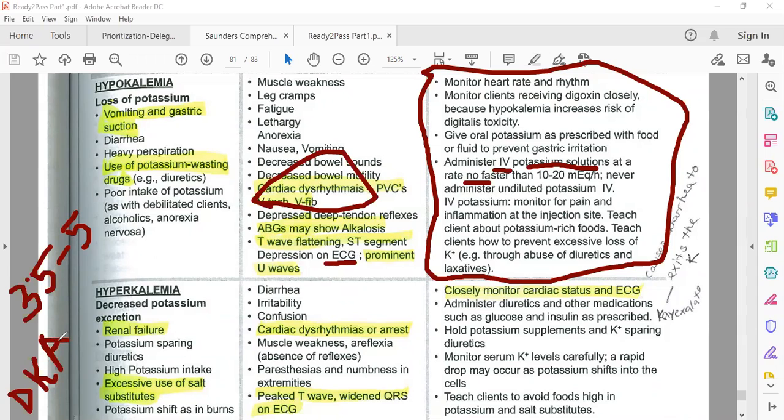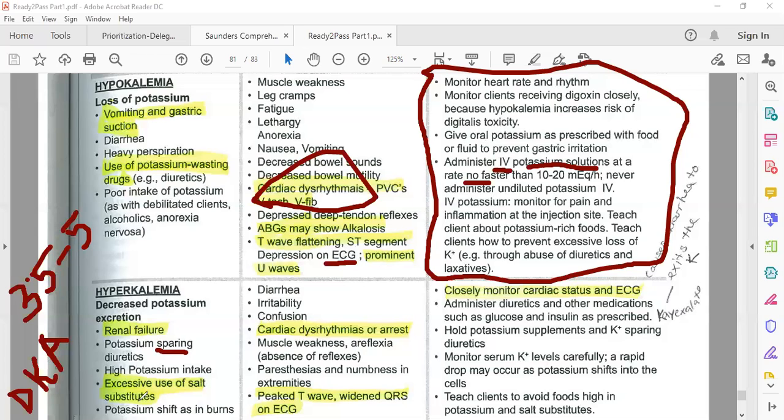So uncontrolled diabetes, or metabolic acidosis, or salt substitute, or kidney failure, you say renal failure, or potassium sparing diuretics. Potassium sparing means something is reabsorbed and kept, not lost. High potassium intake or excess use of salt substitute are causes of hyperkalemia.